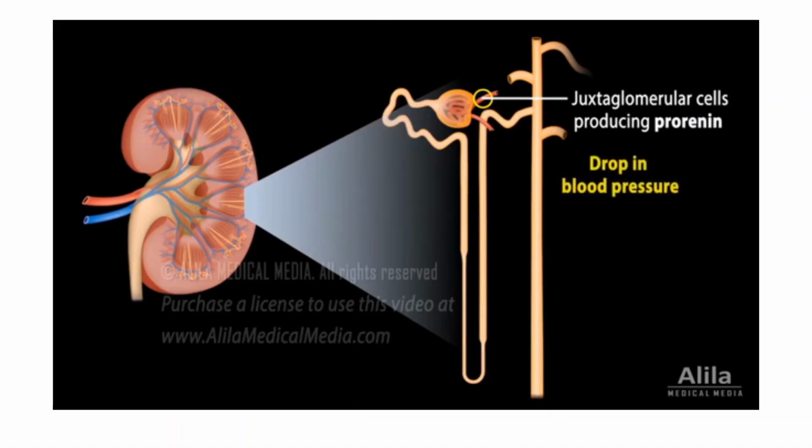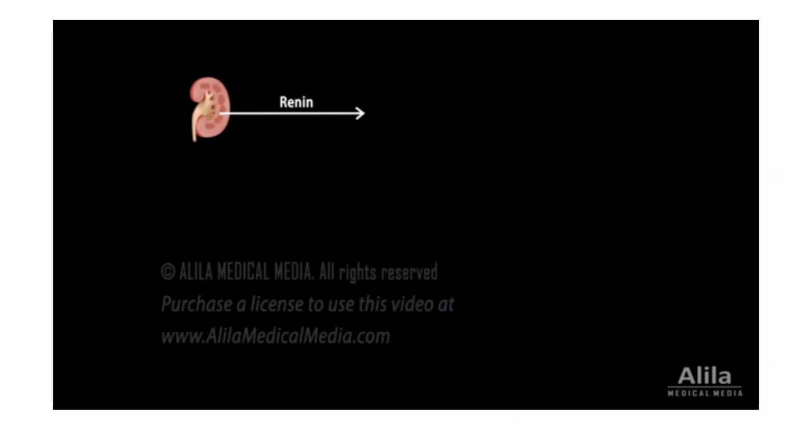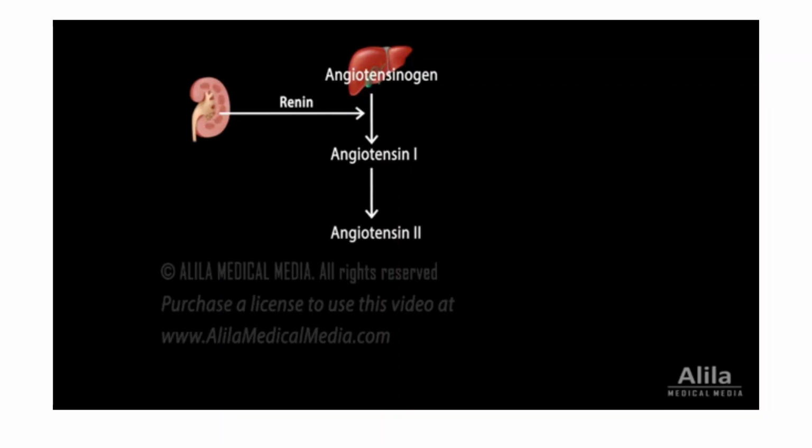Upon activation by a drop in blood pressure, prorenin is cleaved to form renin, which is released into the blood. Renin converts a plasma protein called angiotensinogen, produced by the liver, into angiotensin 1, a peptide of 10 amino acids. Angiotensin 1 is further converted into angiotensin 2, an 8 amino acid peptide, by the angiotensin converting enzyme, ACE, predominantly present in the lungs and kidneys.